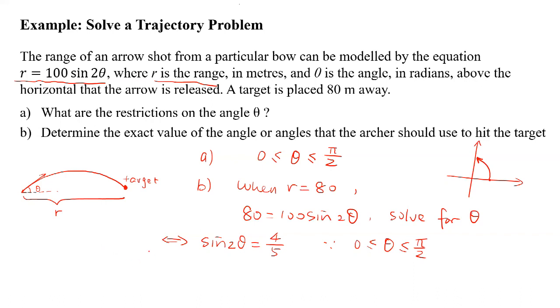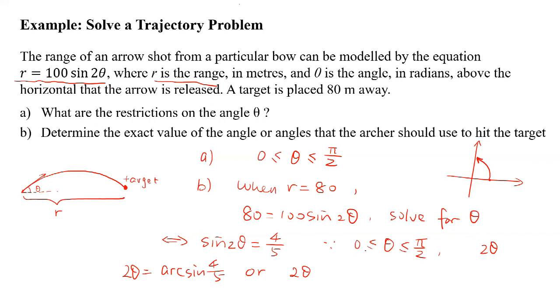If we draw a 2D Cartesian plane here, theta ranges from 0 to half pi like this, right? Sorry, I forgot to put, if we want to solve for 2 theta, first of all we need to determine which interval 2 theta belongs to, right?